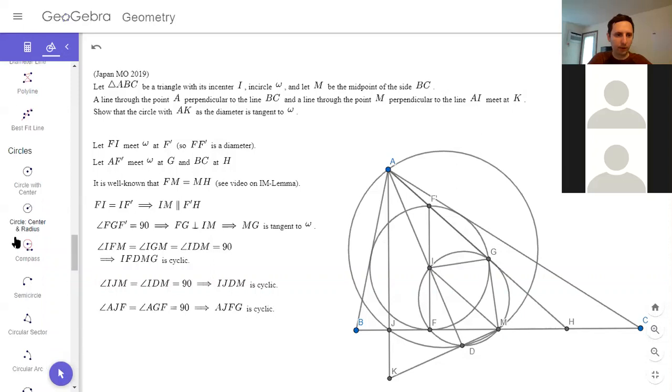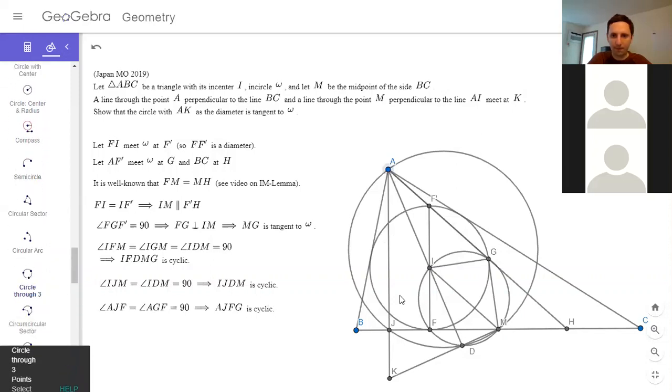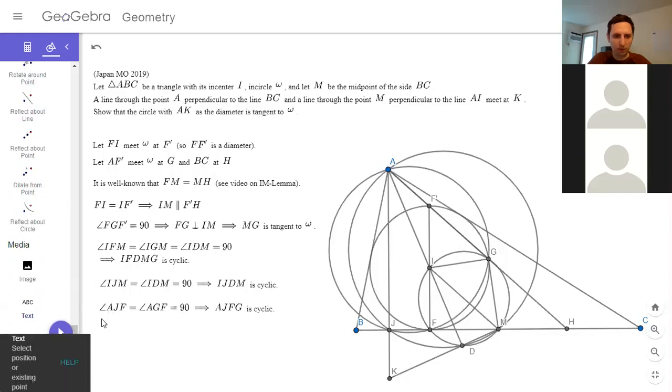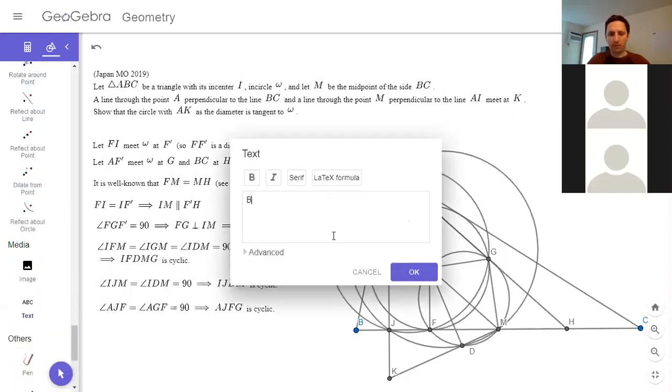Let's draw that in. So by the radical axis theorem, AJ, FG, and EM concur at K.